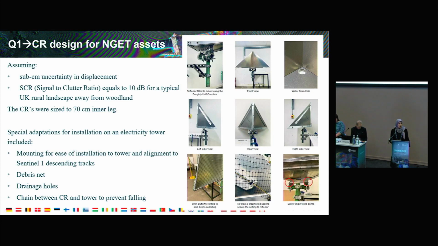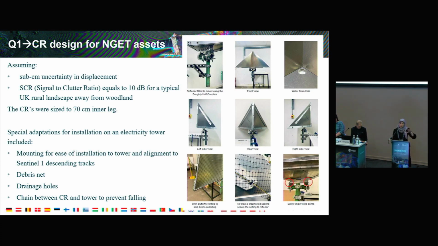We also had some special adaptation for installation of the corner reflectors on electricity towers, including mounting for ease of installation to the tower and alignment of the corner reflectors towards the specific satellite descending tracks.